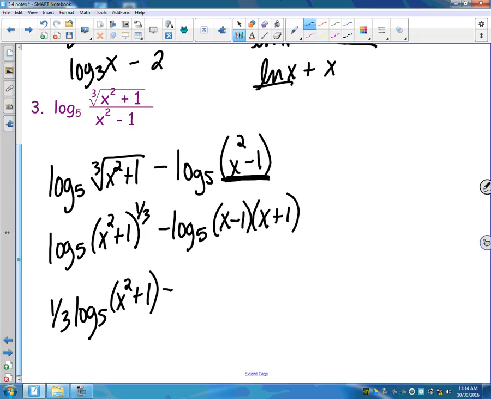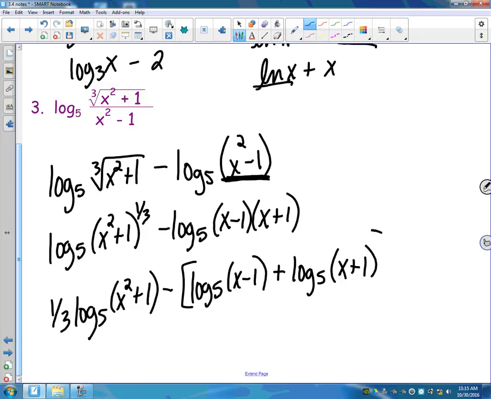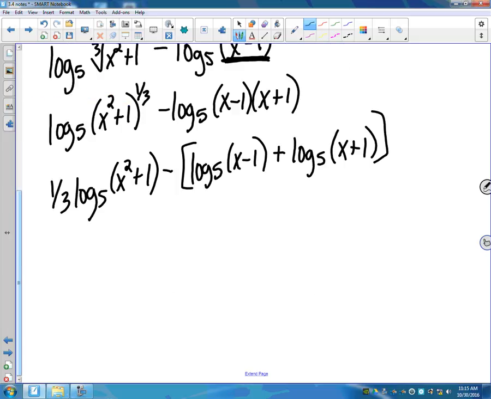So I'm going to put minus a big bracket right now. And I'm going to say log base 5 of (x minus 1) plus log base 5 of (x plus 1), because multiplication breaks up as addition. And you could leave it like that, but I'm trying to get us towards something else in a minute here.